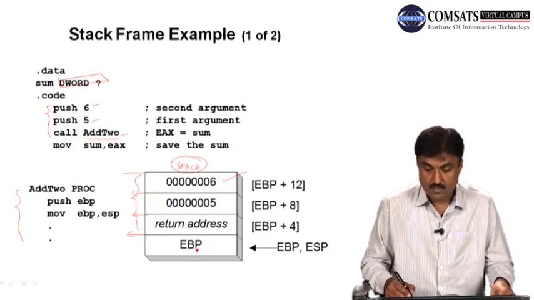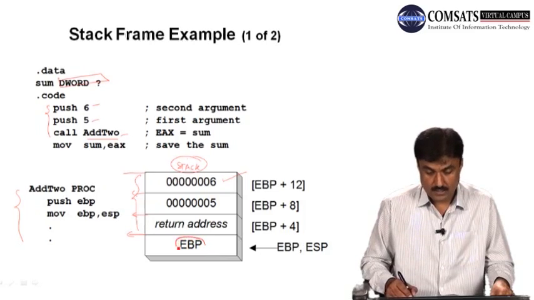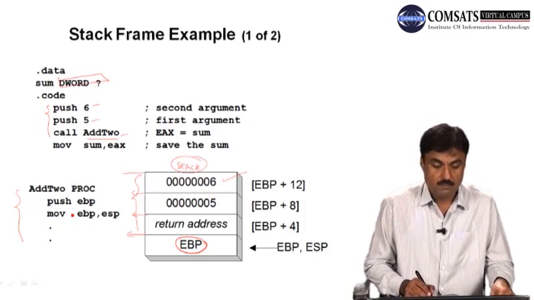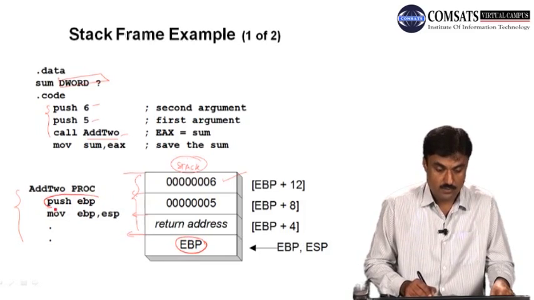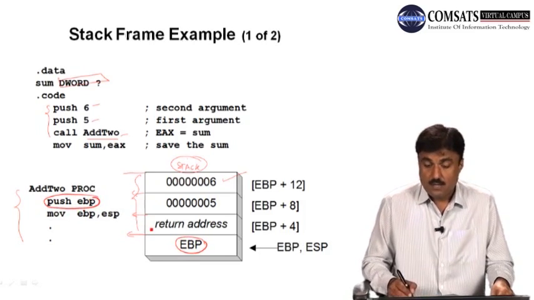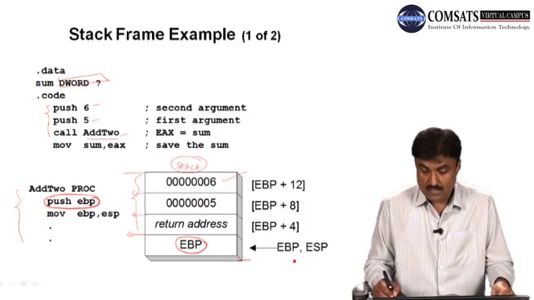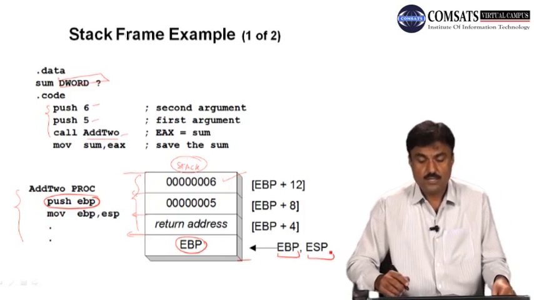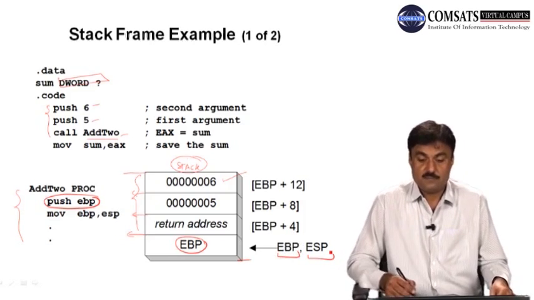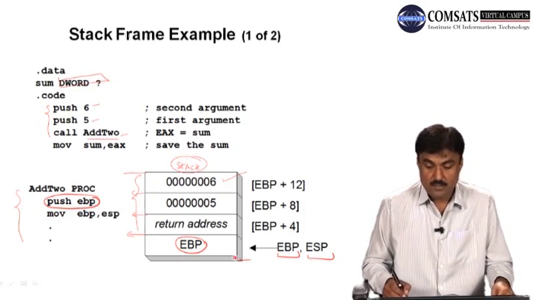Then next we push the EBP, and this EBP is pushed when we call this procedure. And after pushing this EBP, we are assigning a new value to the EBP, that is the ESP. Now ESP and EBP, they both are pointing to this area.